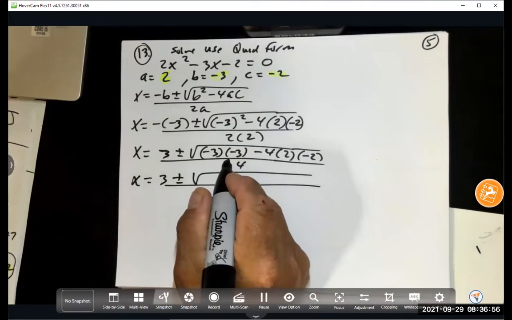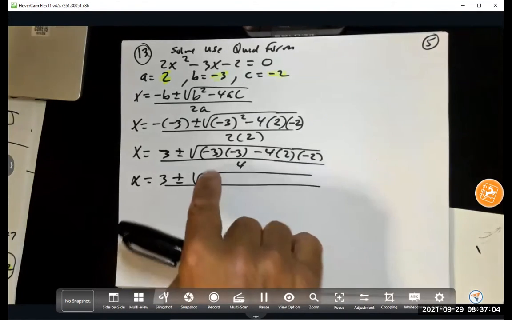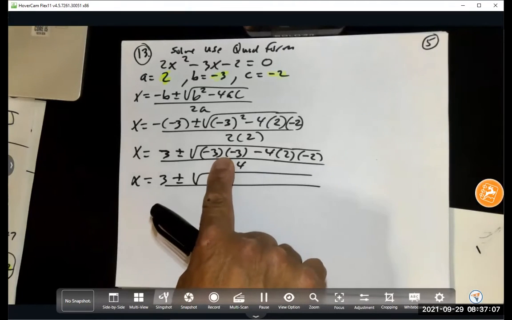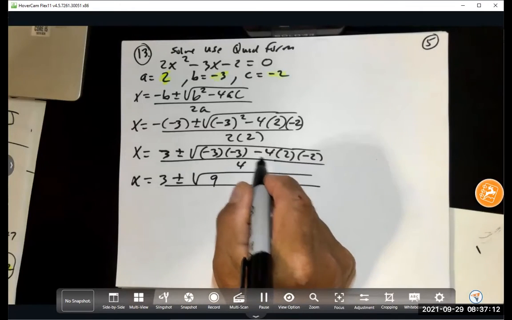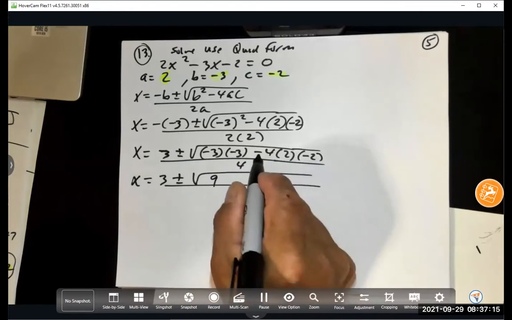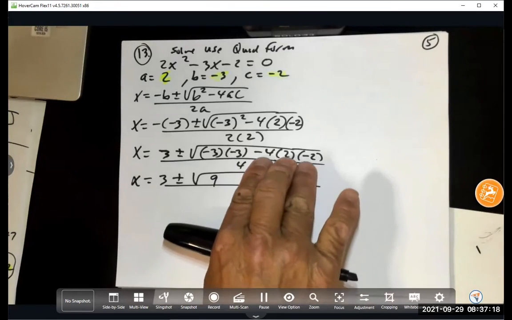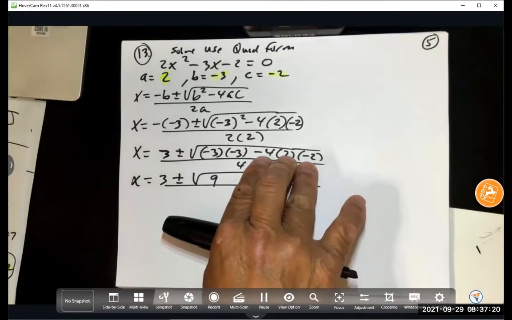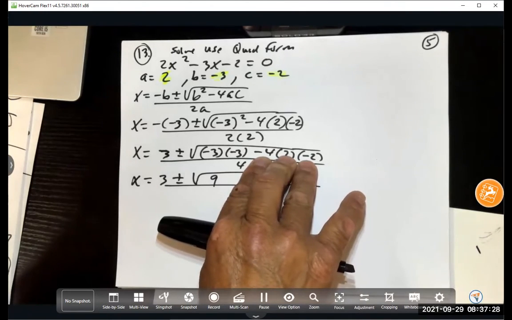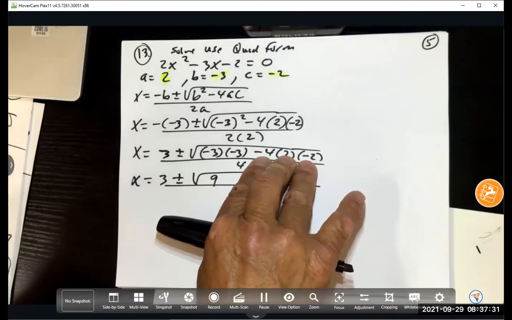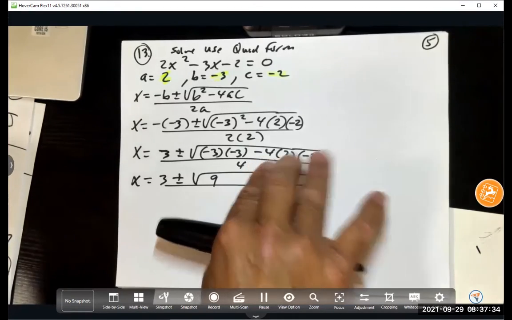You tell me, with your calculator skills. +9. Yes, 9. And what's a negative times 2 times a negative? These 3 numbers right here. On your calculator, of course. +16. Plus 16.